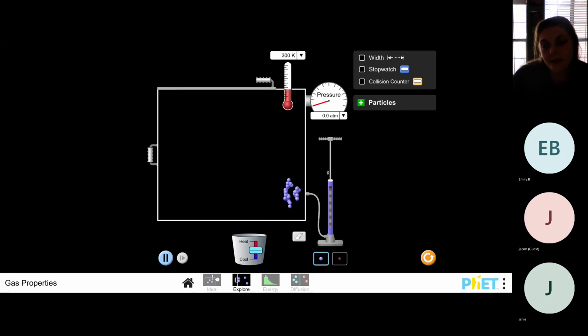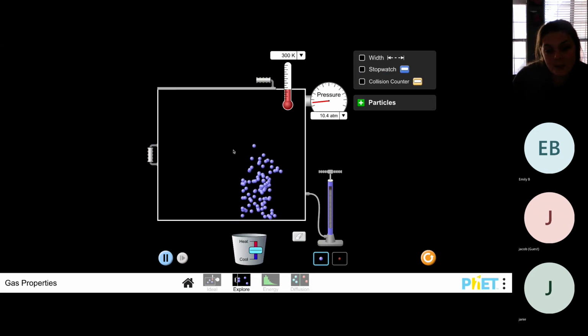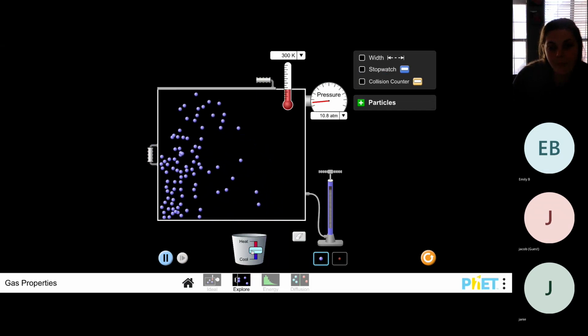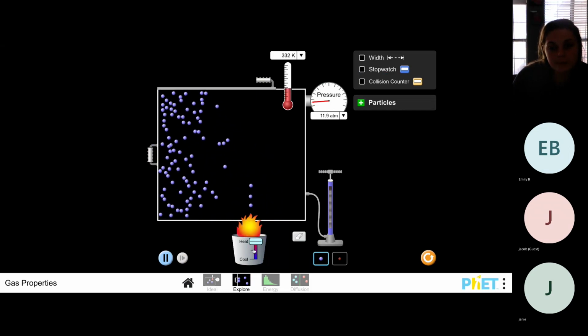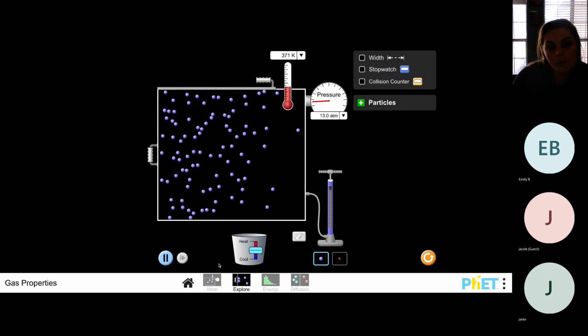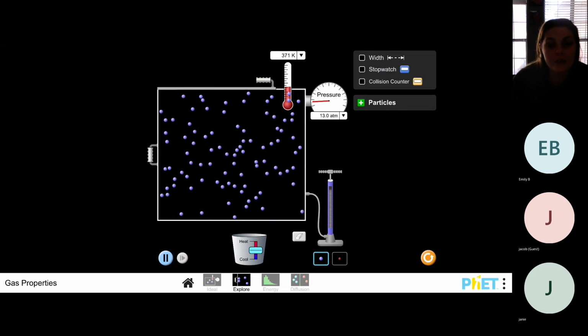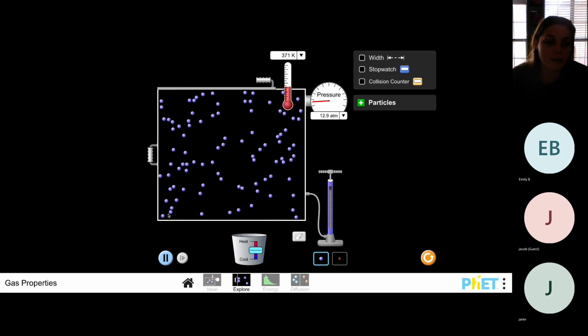So I'm going to pump some gas in here and we can see its particles. And I'm going to heat it up. So these particles are moving around. There's no rigid structure. They're hitting each other. They're transferring that energy and it's moving around.